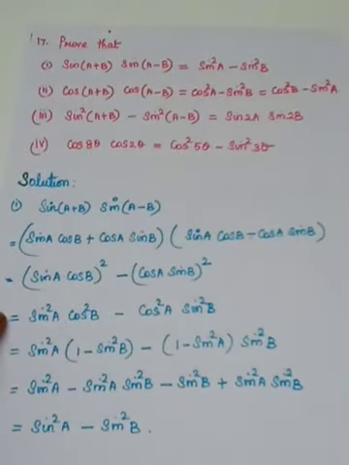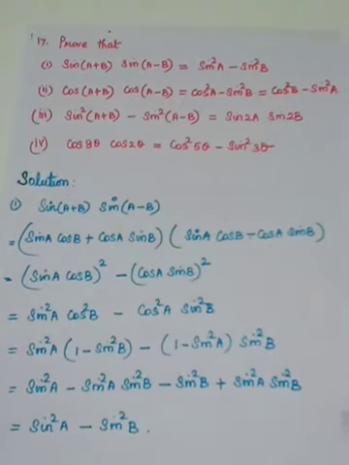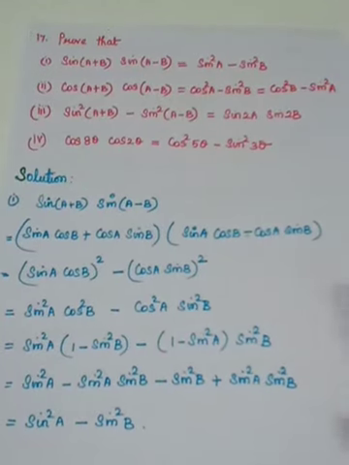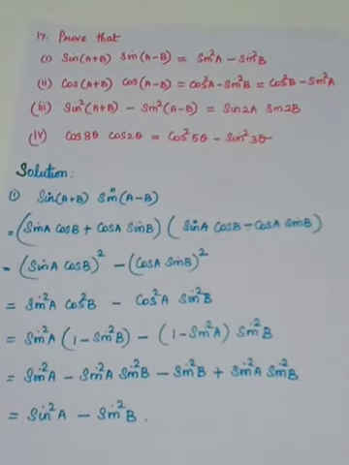So we have completed question number 16. Next we are coming to question number 17. Prove that. See, this subdivision, the first 2 subdivisions you have to learn as a formula. First one, sin(a plus b) into sin(a minus b).